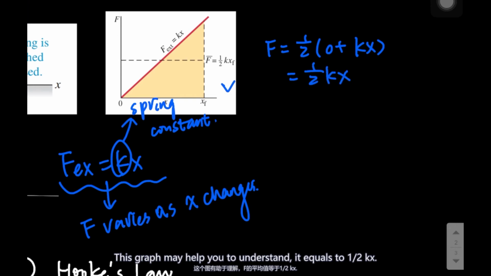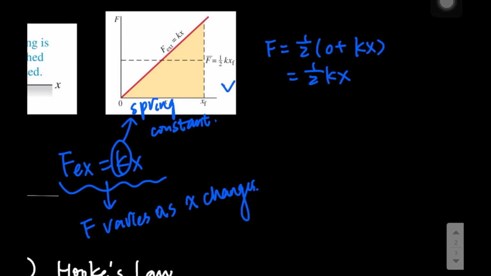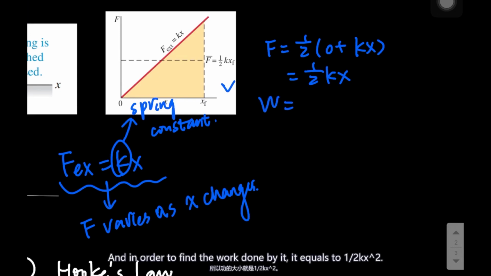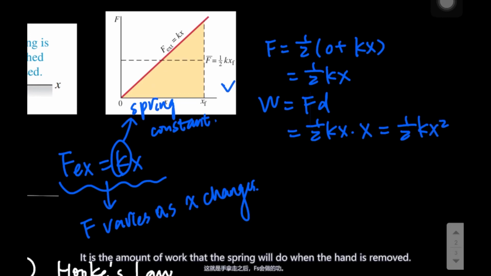So it equals 1/2 of kx. And in order to find the work done by it, it will equal this, right? And the work is what the spring will do after the hand is removed.